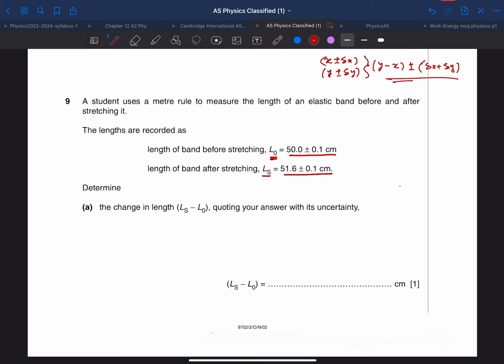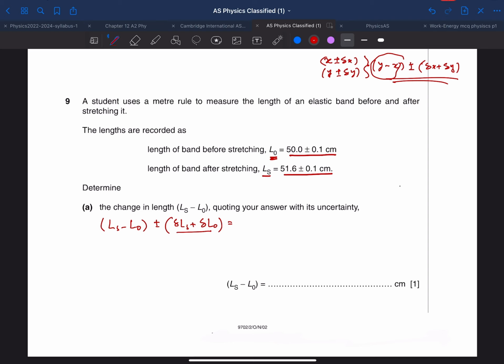We will apply this here as well: LS minus L0 is the quantity required, like Z over here. So LS minus L0 plus minus del LS plus del L0. Remember one thing, that whether you are going to subtract or add, the absolute uncertainties will always be added.